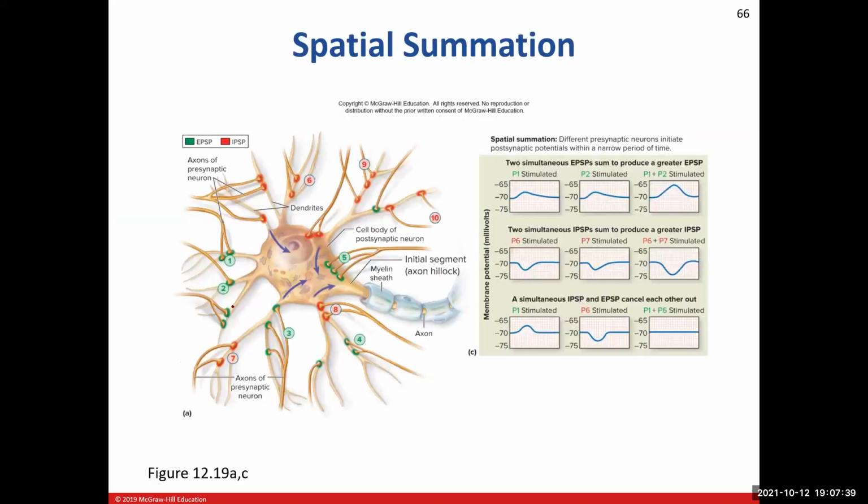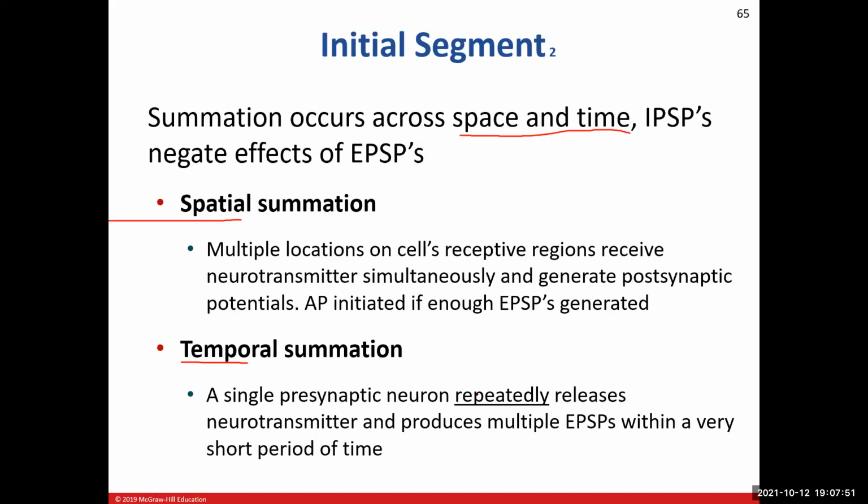You saw this picture before. This is spatial summation. This is showing you that some of those presynaptic neurons are generating IPSPs and some are generating EPSPs. And so what's going to happen? We're going to hopefully add them all up at the initial segment, and we'll get that minimum plus 15 millivolt value, and we'll reach threshold.